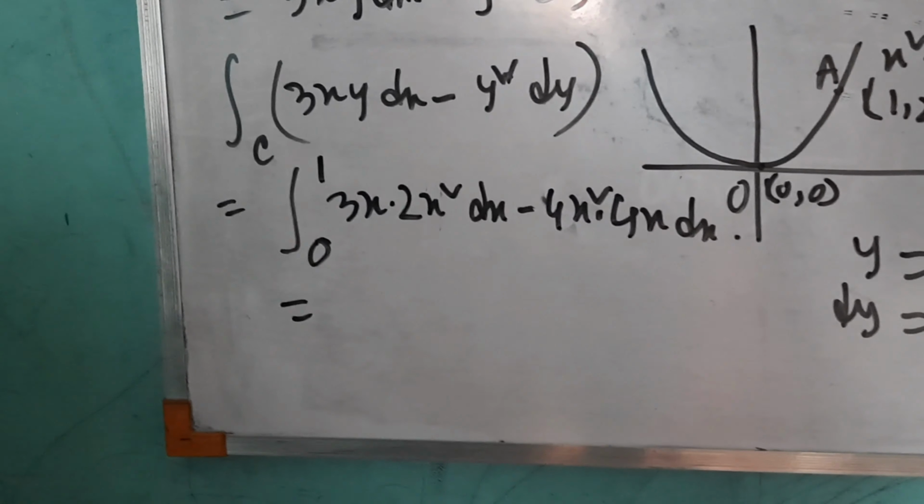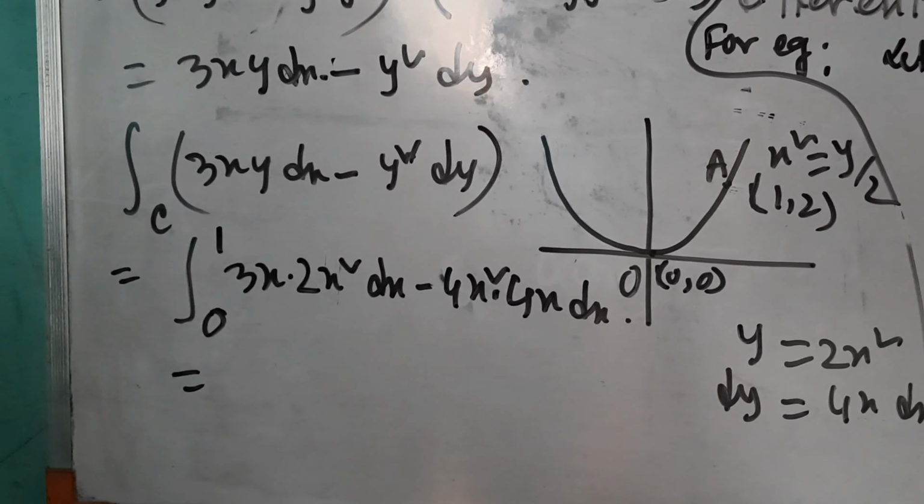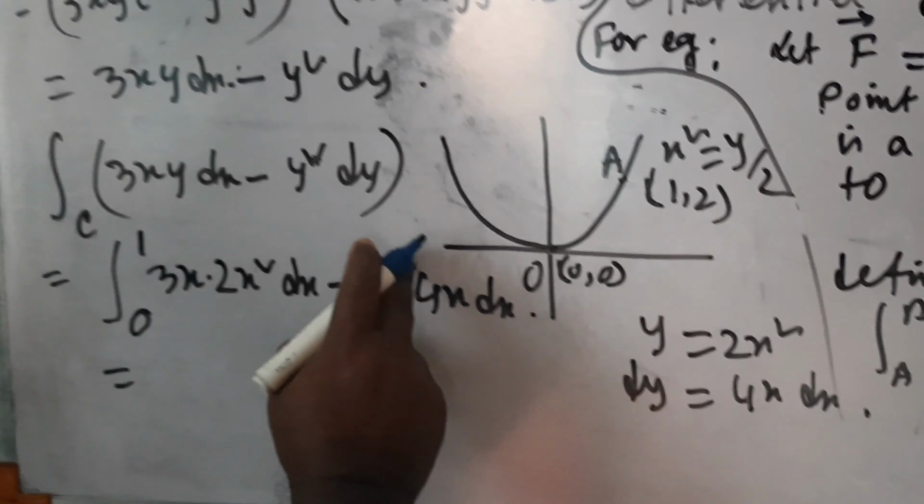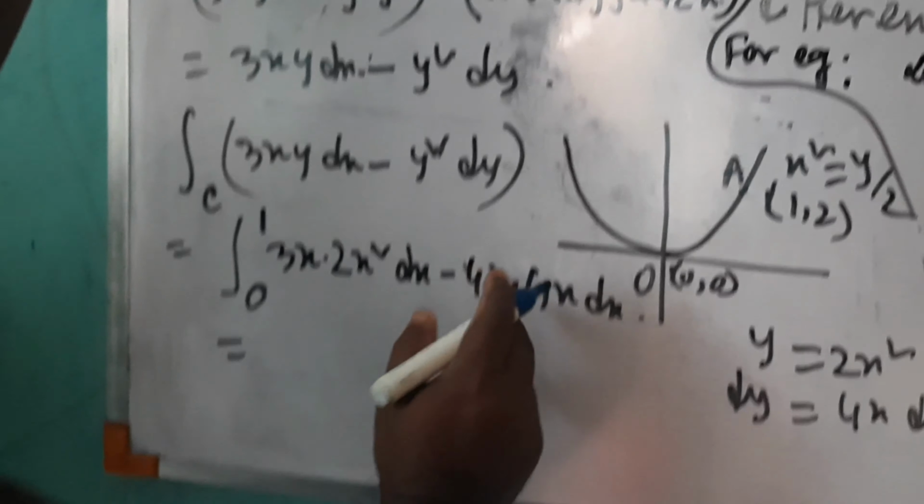You will get 6x cubed minus 16x to the power 5, because y squared times dy is 4x to the power 4 into 4, that is 16x to the power 5. That is the integral from 0 to 1 of (6x cubed minus 16x to the power 5) dx.